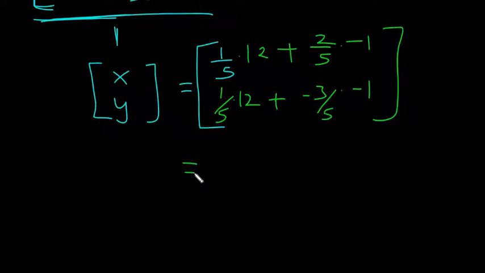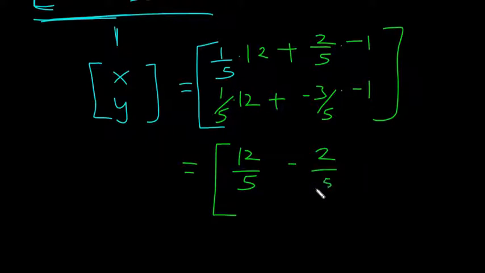This is going to be 12 all over 5 minus 2 all over 5, and for this other one we're going to have 12 all over 5 plus 3 all over 5.